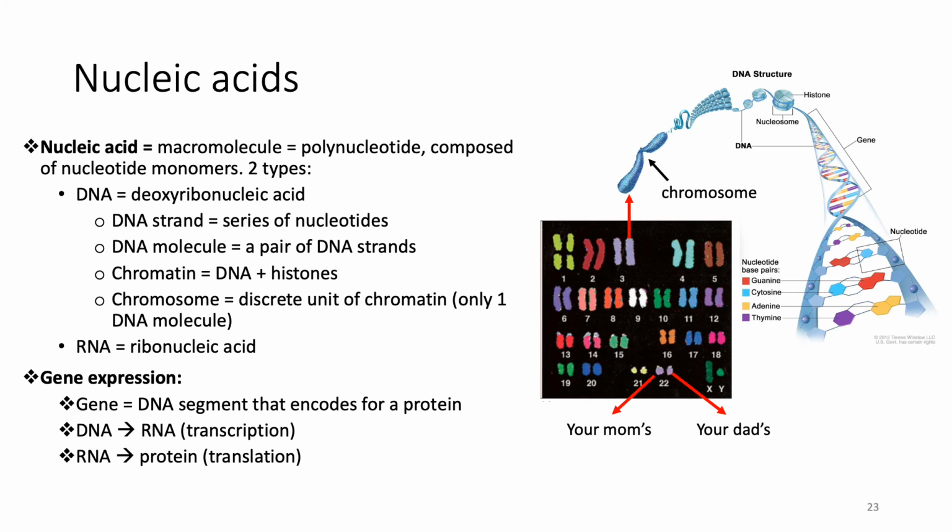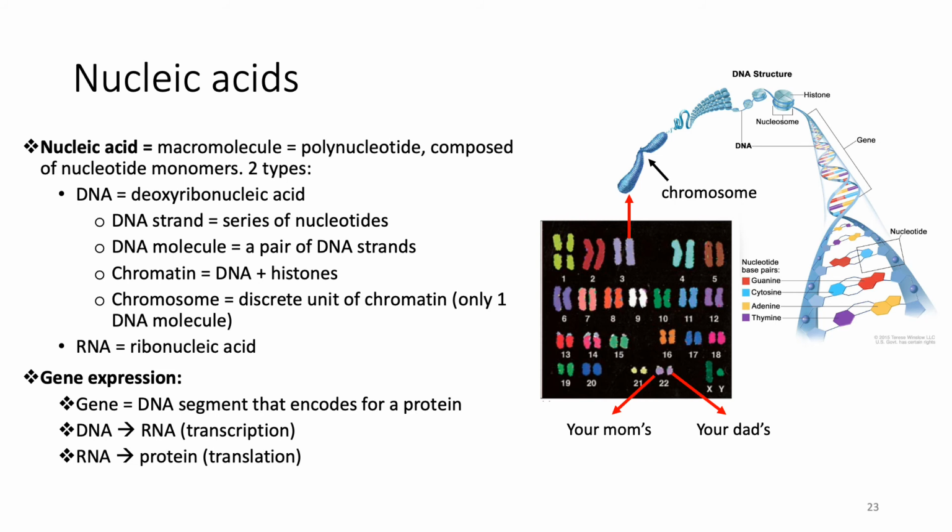The chromosomes are shown in different colors here in this figure. Each chromosome contains a single long molecule of DNA and associated histone proteins. Each of our cells contains 46 chromosomes, 23 from your mom and 23 from your dad.